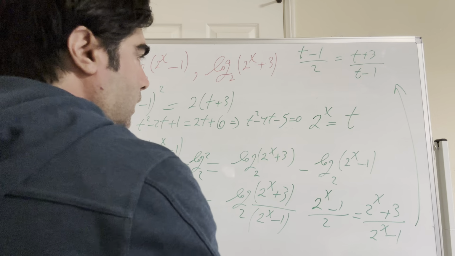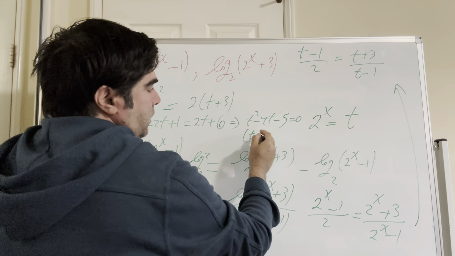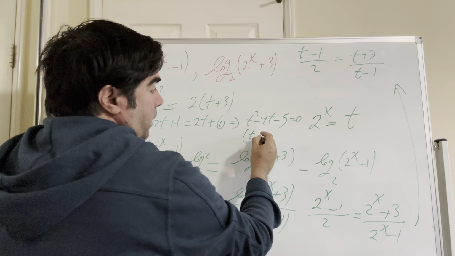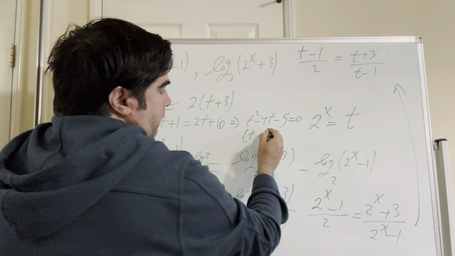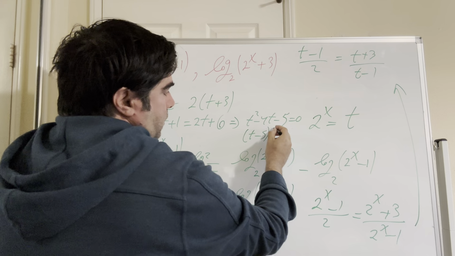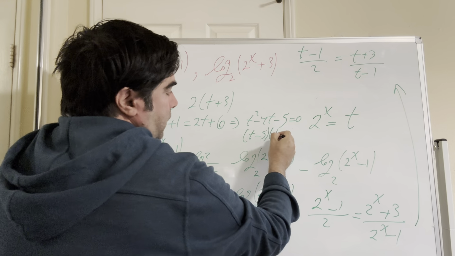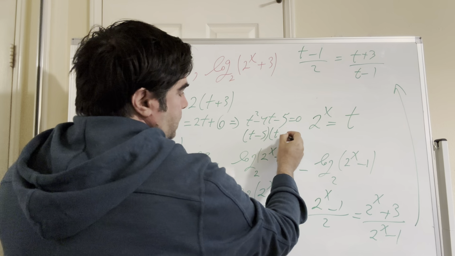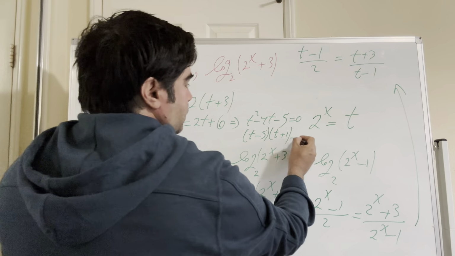All right. So now this turns out to be t squared minus 4t minus 5. We're going to make it in factor form. It's going to be t minus 5 times t plus 1 equal to 0.